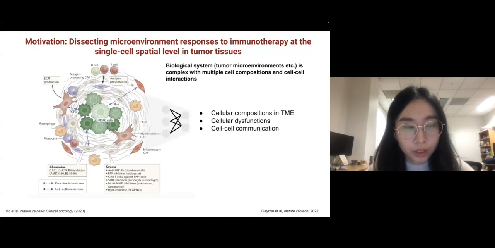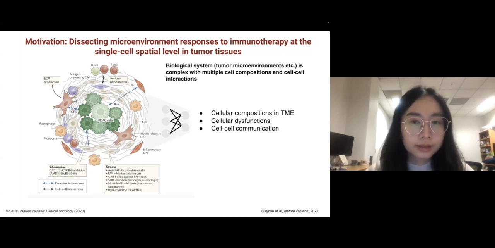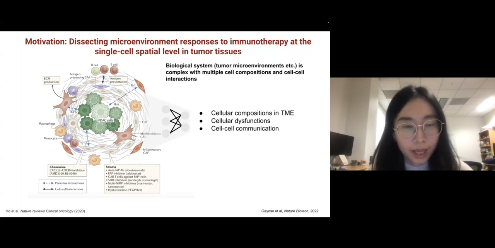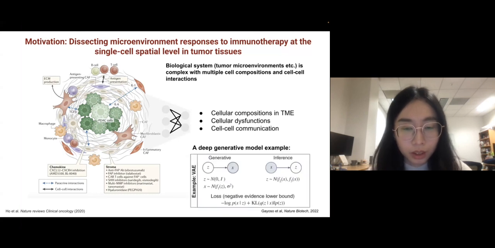And this sort of motivation is related to dissecting the microenvironment. In our own case, we are interested in immunotherapy that happens in this microenvironment. So we actually want to use a method that can capture not the domains, but the cellular activities, and especially how the cells are communicating with each other.